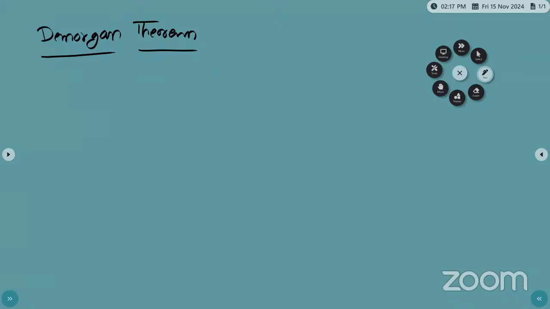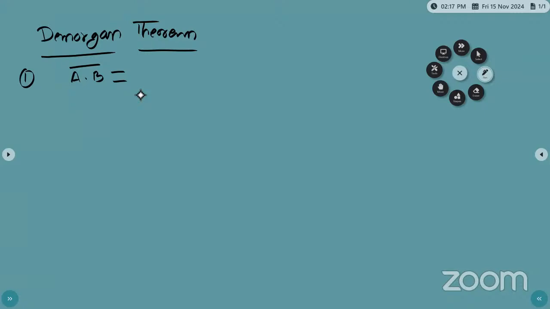Okay, the De Morgan theorem 1 is A dot B whole bar is equal to, what is that expression? Which gate's output expression is that?